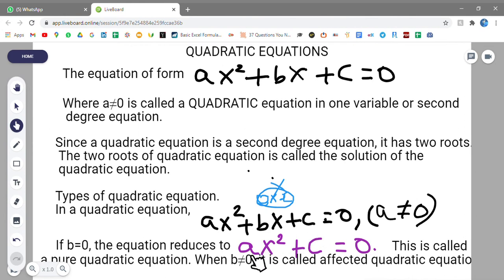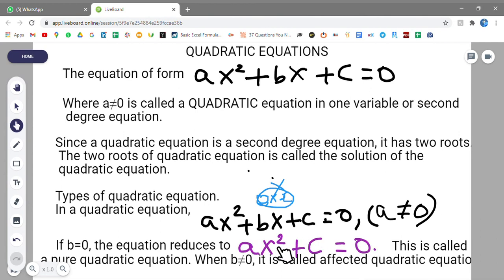So that will be considered here, ax square plus c is equal to 0. And this form is called a pure quadratic equation. Pure quadratic equation is nothing but ax square plus c is equal to 0.